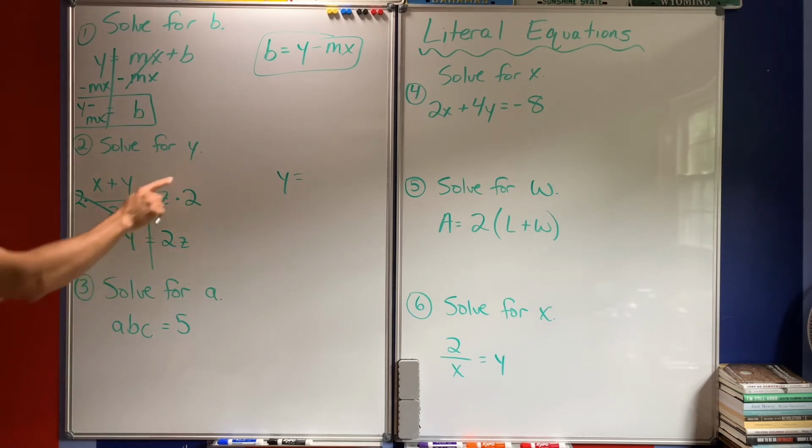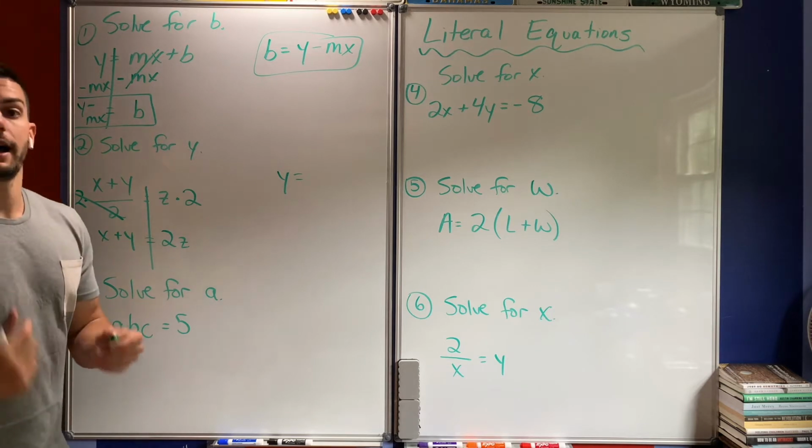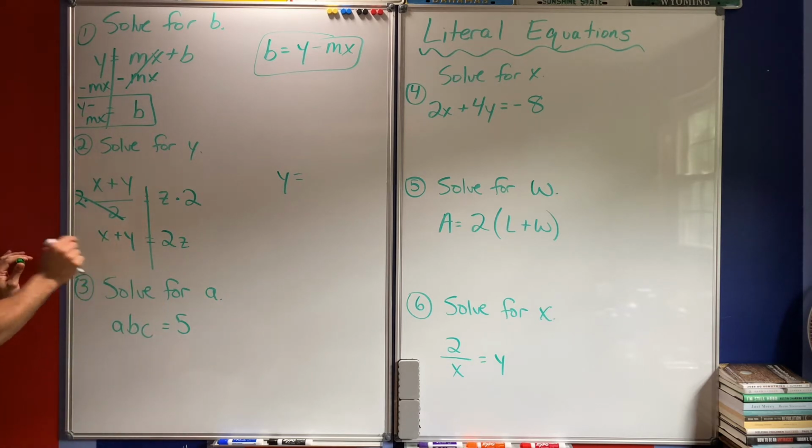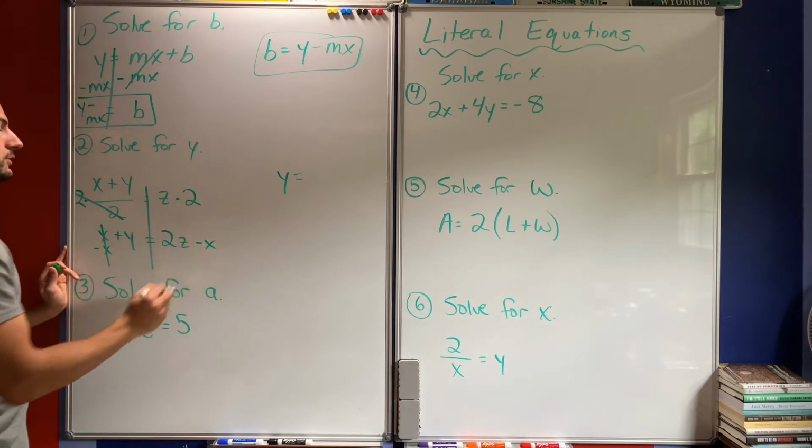And again, what's my goal? Well, my goal is to get y by itself. And I'm almost there. I have one thing left to cancel, this x that's being added to the y. And so it's being added, that's how it's connected to the y. So I think, okay, this x is positive, and so I minus x from both sides to cancel it. So x minus x is 0x, cancels, and so I minus x over here as well.